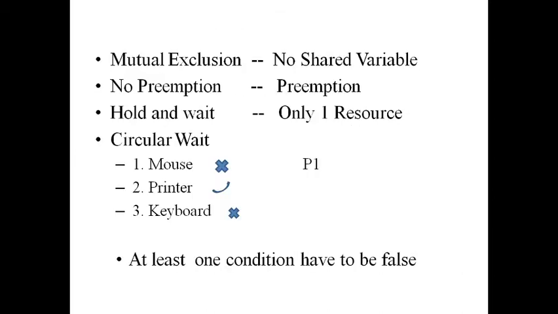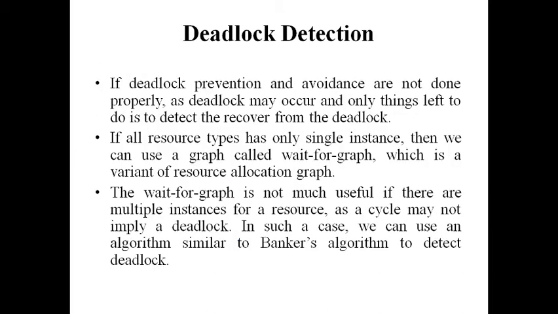And the second one is deadlock detection. Deadlock detection is: if deadlock prevention and avoidance are not done properly, a deadlock may occur, and the only thing left to do is to detect and recover from the deadlock.